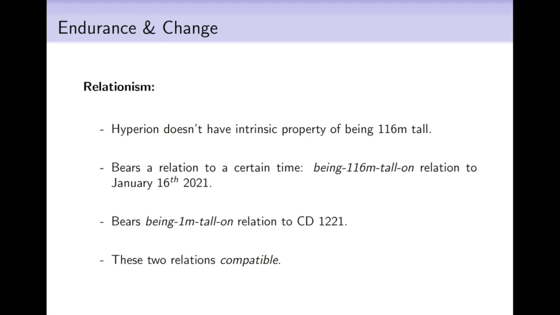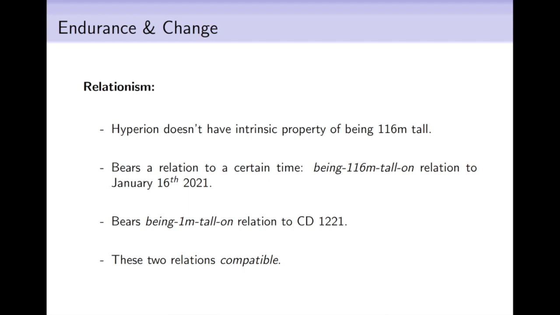The idea is that what appeared to be changing intrinsic properties of objects are actually relational properties, and in particular the relations that the object bears to particular times. So take the Hyperion example.